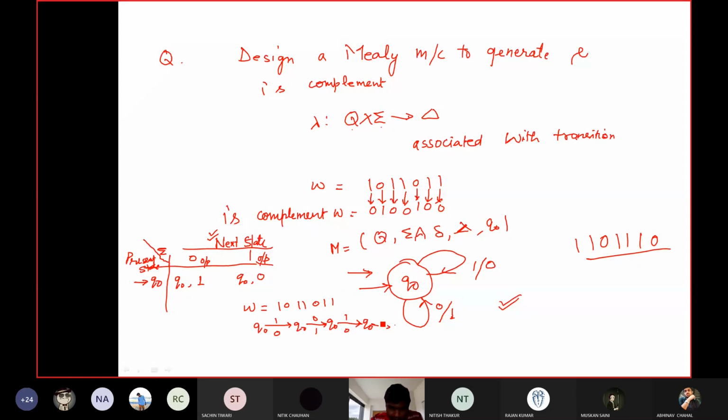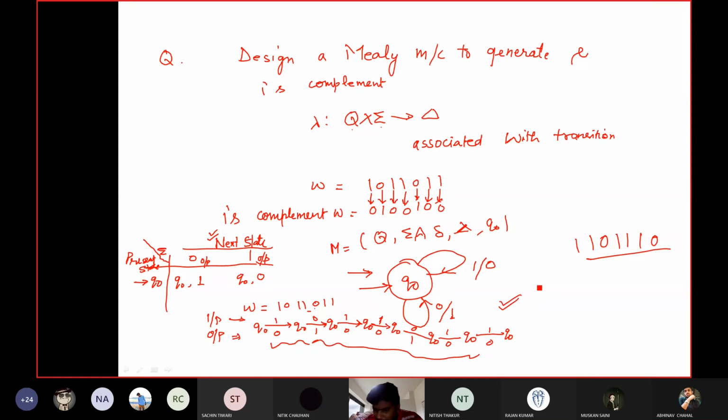Then 1 again, output 0. Then Q0 on 0 goes to Q0, output is 1. Then Q0 on 1 goes to Q0, again output is 0. Again 1, Q0 goes to Q0, output is 0. So what will be the output corresponding to this input string? This is the input string, and this is the corresponding output string.